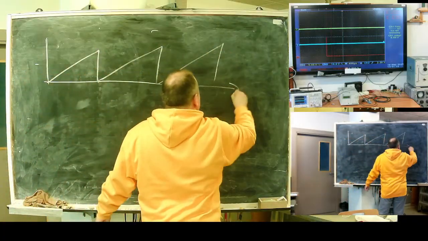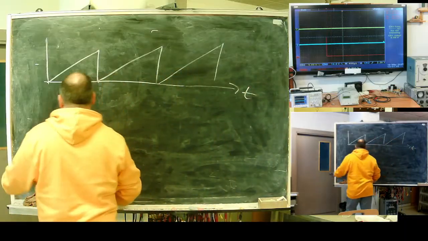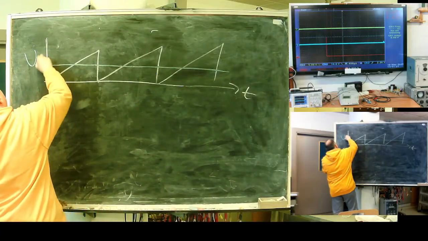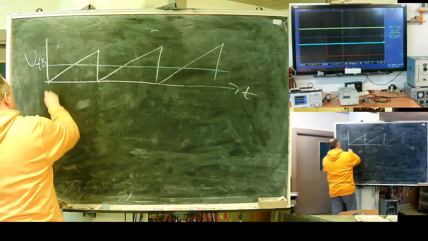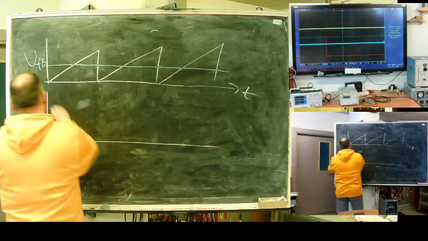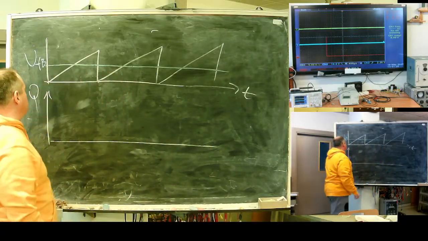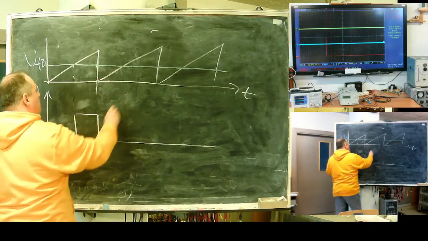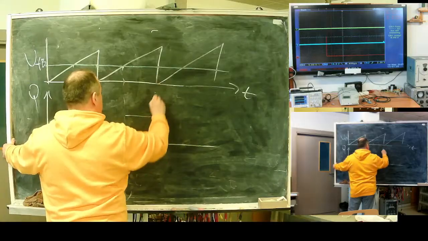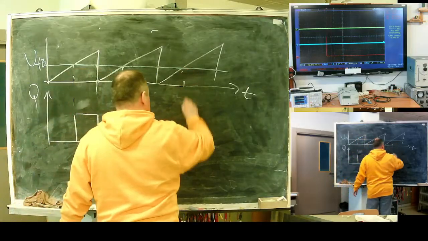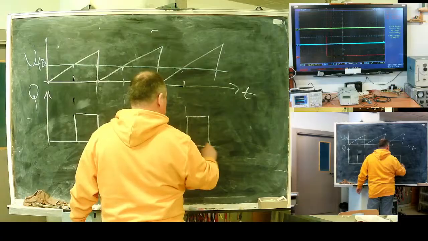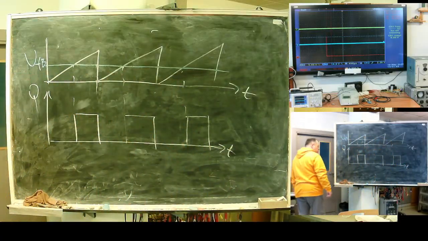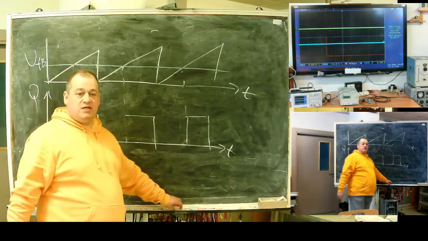Take voltage like this and compare it with UFB. Q is switch. If, for example, voltage decreases, I don't know, because increase of load.